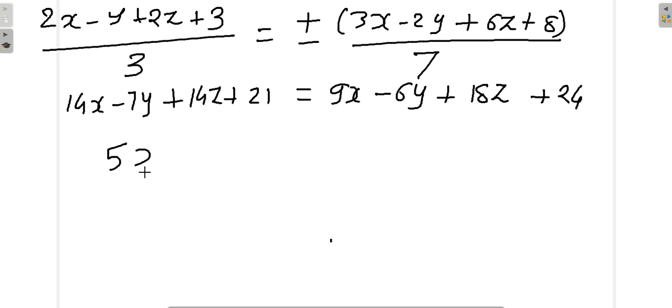That is 5x minus y. This is the first equation.